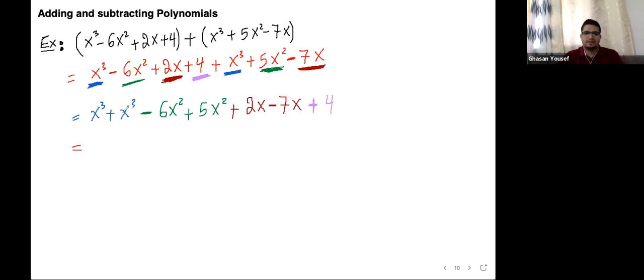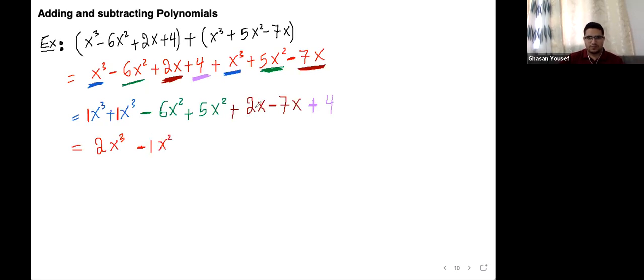If I have the same variable raised to the same power, I just add the coefficients of this variable. Here in front of this variable is the number 1, and here also I have the number 1. So 1 plus 1 gives me 2x to the power 3. Same thing here, I just add and subtract the coefficients. So I get minus 6 plus 5, which gives me minus 1x to the power 2.